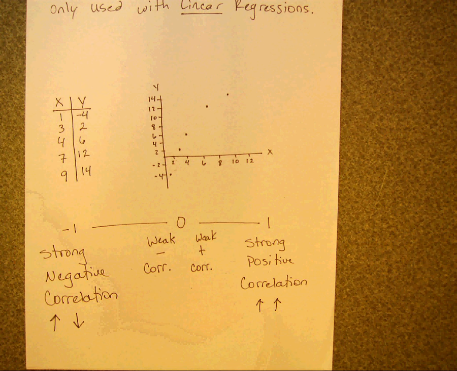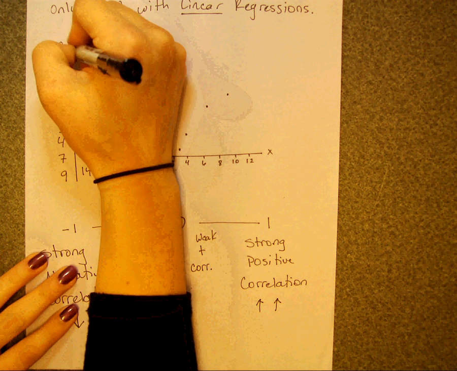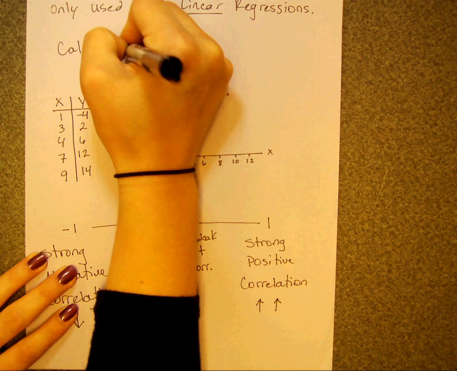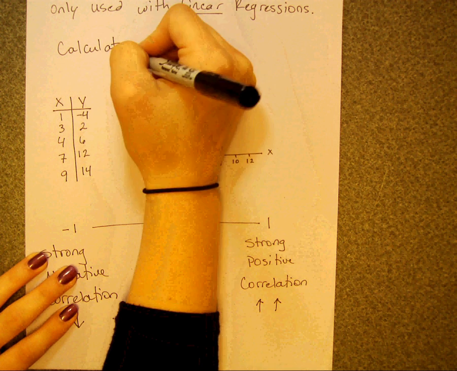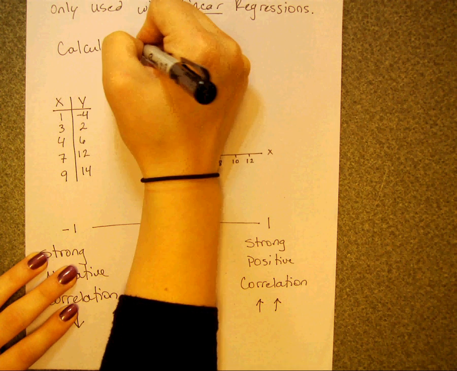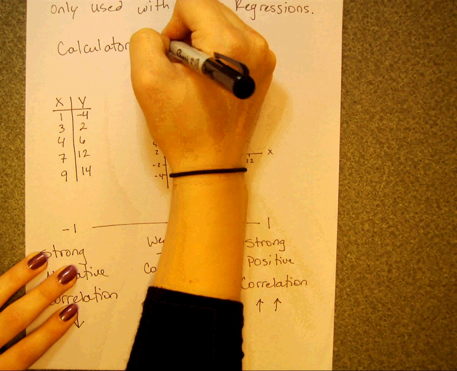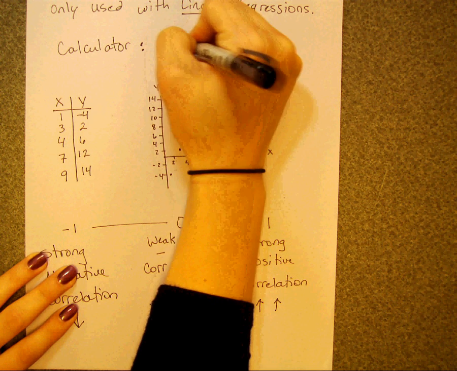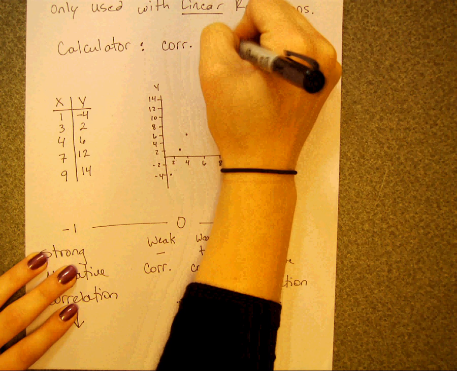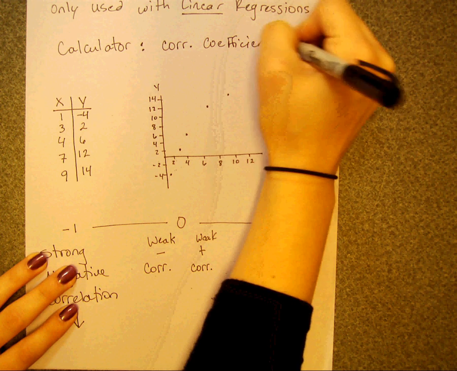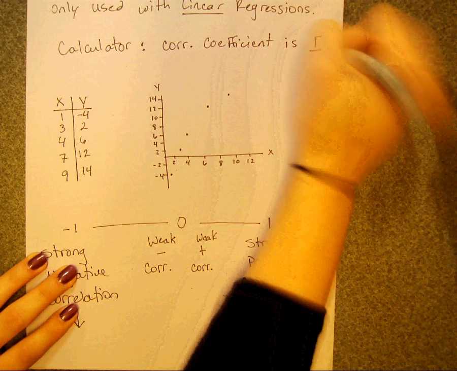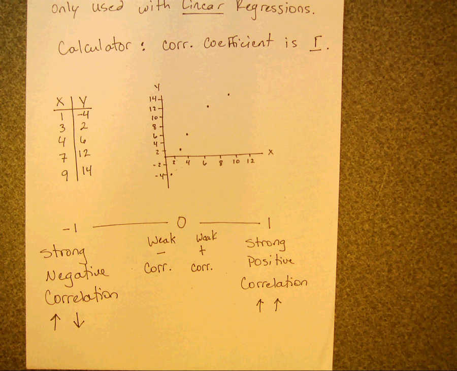So how do I find this correlation coefficient? We will do it in our calculator. The calculator is going to give us that the correlation coefficient is R. All right, so that's the value we're looking for. How do I make my calculator give me that value?